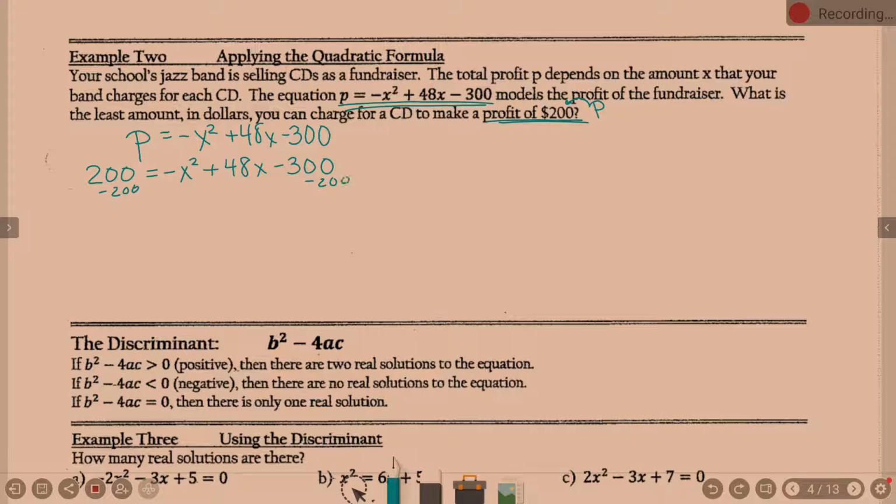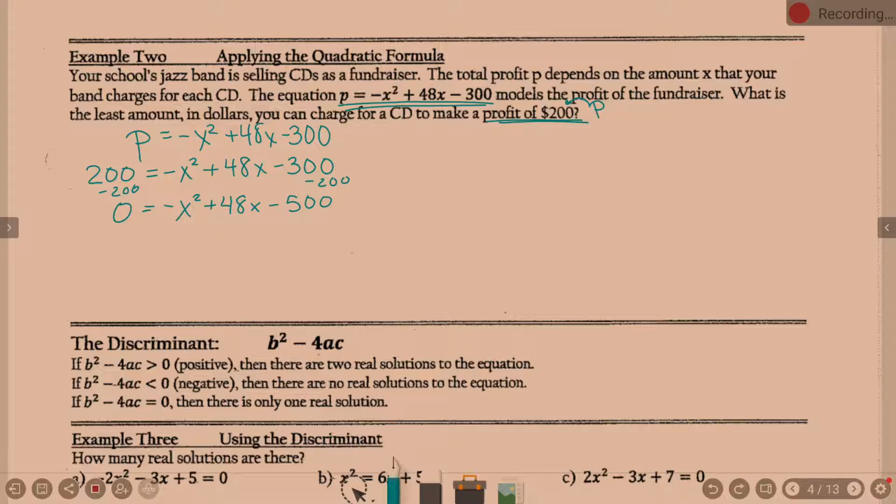So then I'm going to end up with 0 equals negative x squared plus 48x minus 500. Yep. Assuming I've copied that right. Negative 300 minus 200 is negative 500.